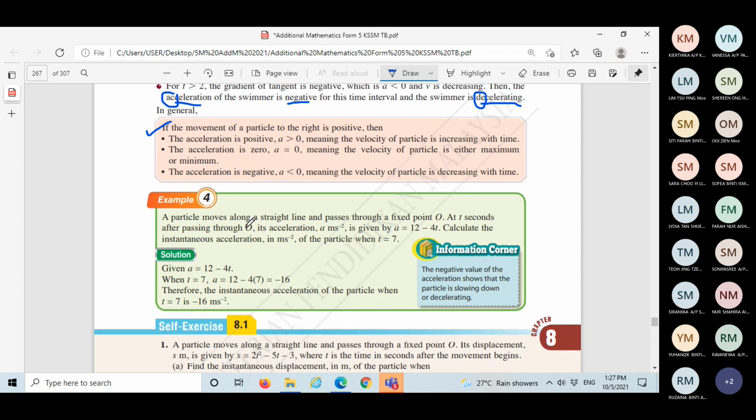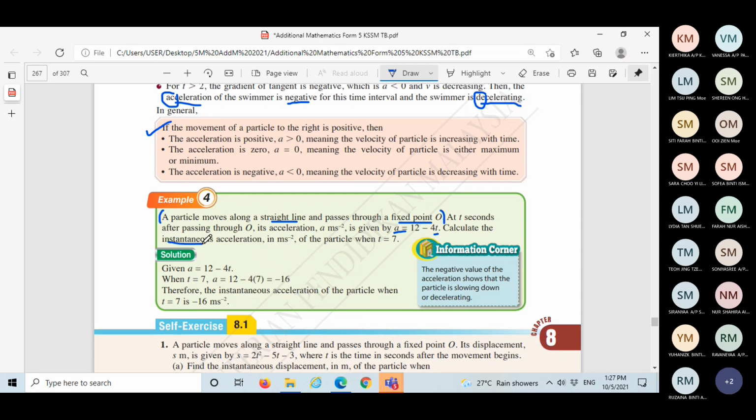Same thing, you see, this question is not difficult. They give you acceleration as a function of t. Again, the question starts with this sentence: a particle moves along a straight line, passes through a fixed point O. Then the acceleration is given by this function.